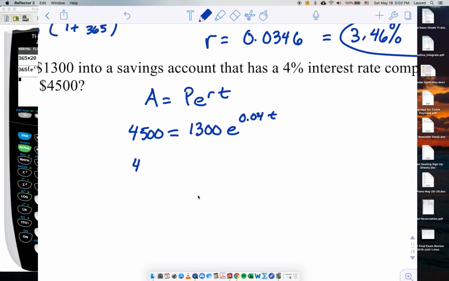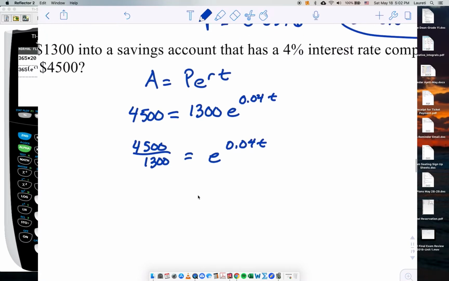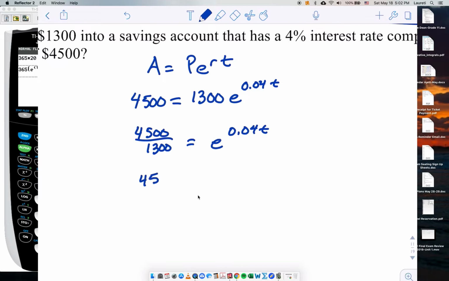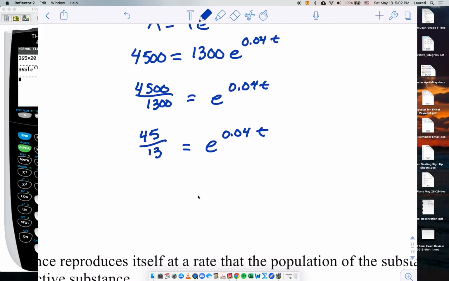So I got 4,500 over 1,300 equals e to the 0.04t, which is then 45 over 13 equals e to the 0.04t. You're going to take the natural log on both sides, and then divide by 0.04.